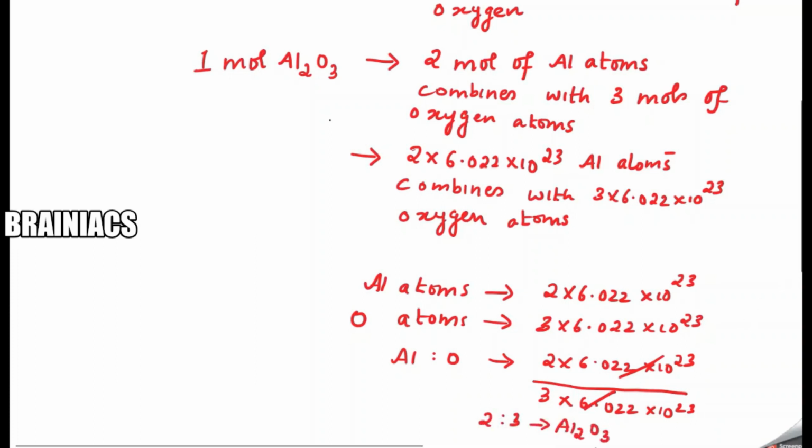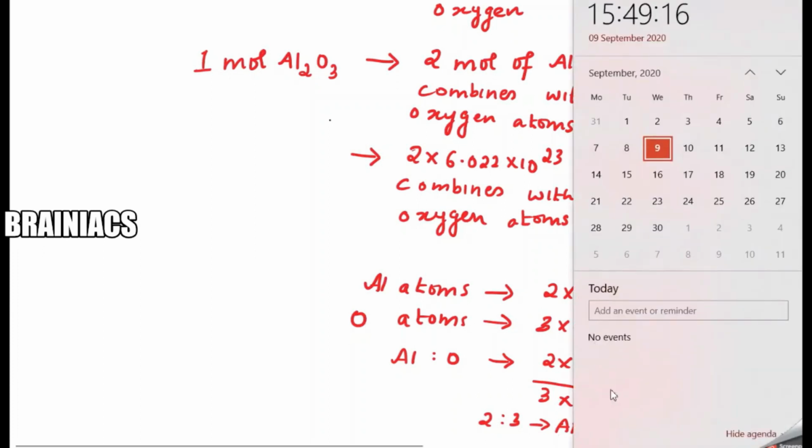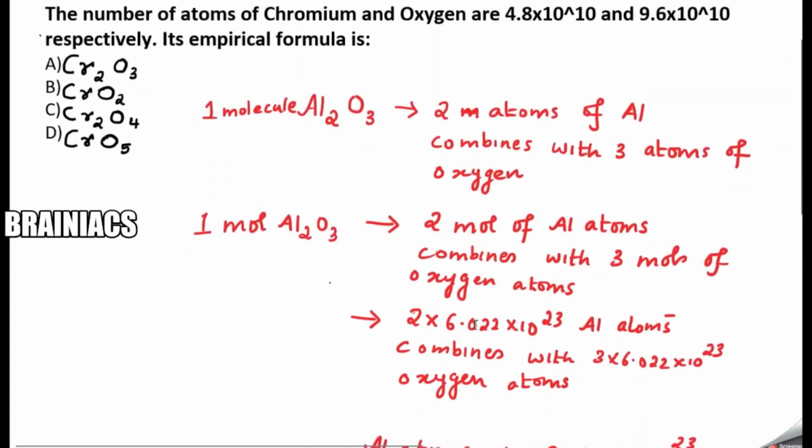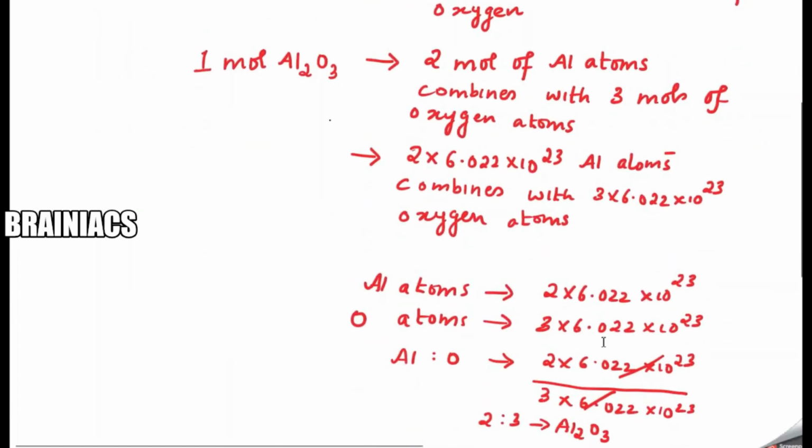Now, similarly, the same approach can be used here. If you see here, how many chromium atoms are given? I will choose another color, pink, violet, for explaining this.